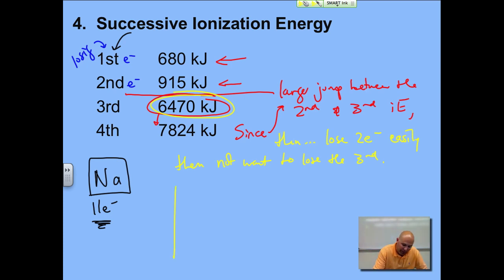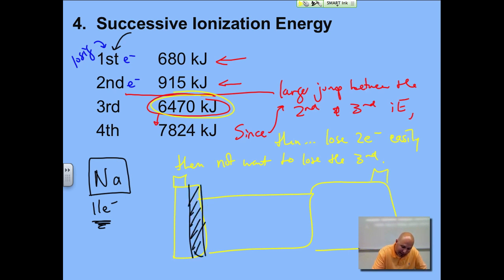So if we look at our periodic table again, we could assume that this element must be an alkaline earth metal, because it loses 2 electrons, and then it's like a noble gas and doesn't want to leave the noble gas configuration.